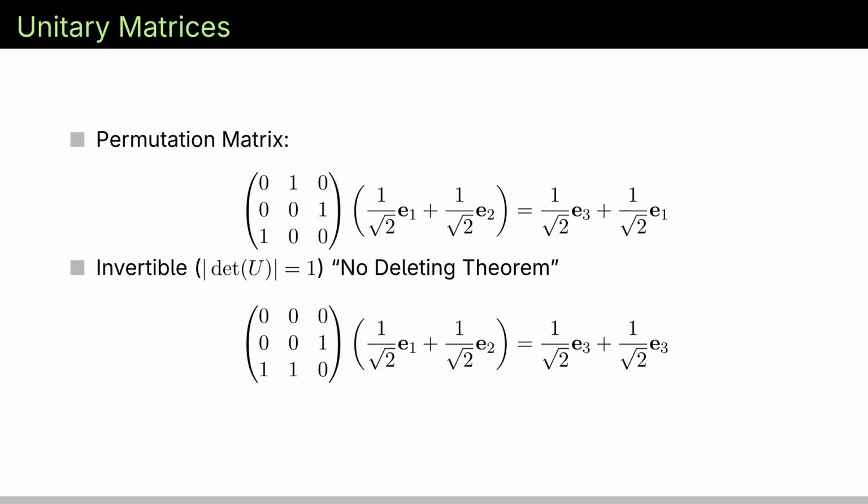That information has been deleted. But again, that's no good because the matrix that does this is not unitary and so doesn't represent a valid quantum operation. One of the tricky bits of quantum computation is working around this very strong conservation of information.